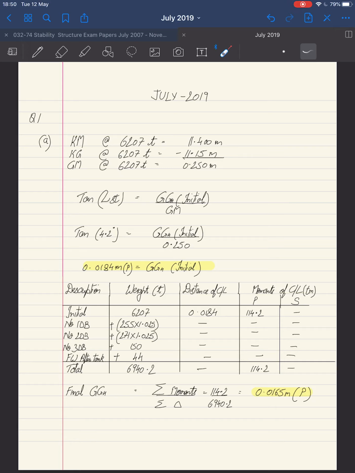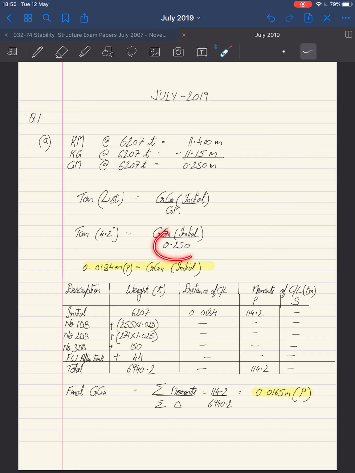The next step is to determine the initial GG1. For this, we'll use the formula tan list equals GG1 initial divided by GM. So tan of list is 4.2 degrees, GG1 initial is what we are supposed to find out, and GM is 0.250 meters.